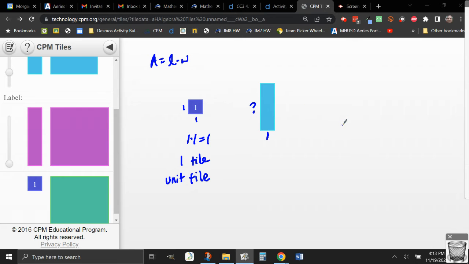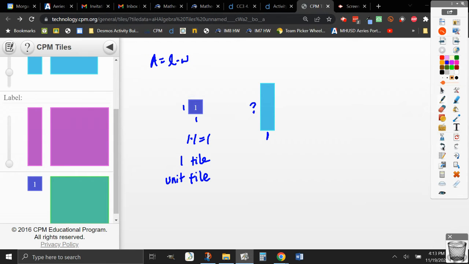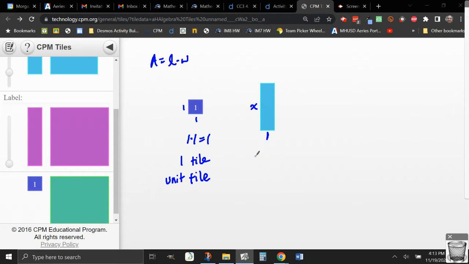We don't know what that is. So for our purposes, we're going to refer to that unknown length as x. If I take the area, length times width, of this rectangle, I get 1 times x, which equals x. So this will be known as an x tile.